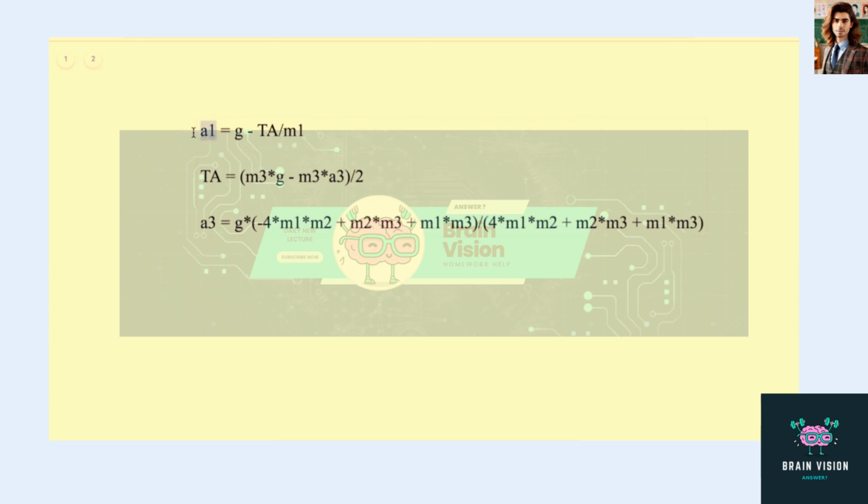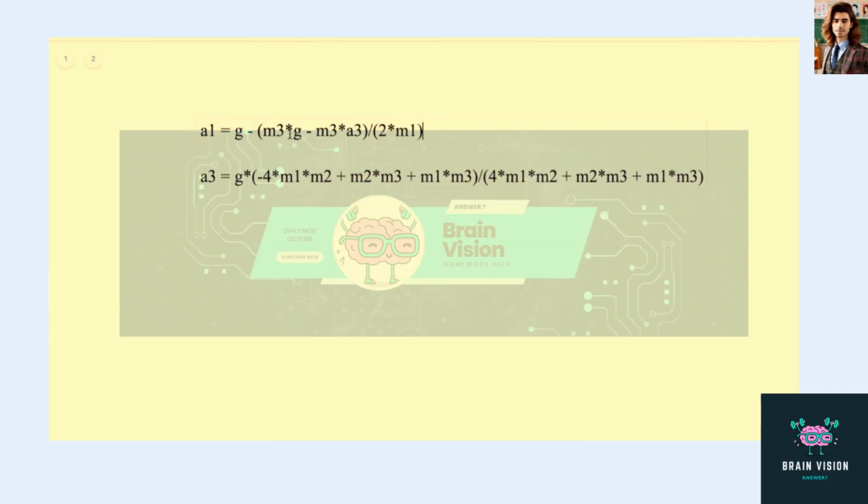If we use our equation A1 here, we can plug in for TA because we found this down here. So I'm going to plug that in. This factor of 2 now comes down here. So now I've just plugged in to this equation, and we have this in terms of M3 and A3 and M1. That's perfect because we already have A3 in terms of everything that we want.